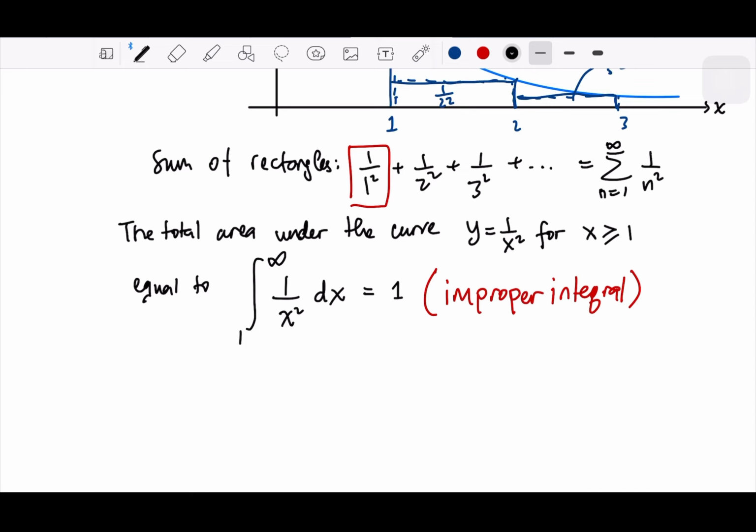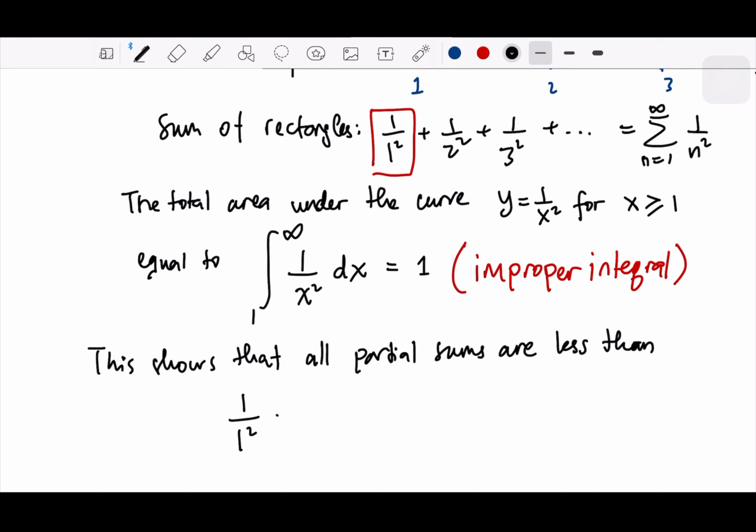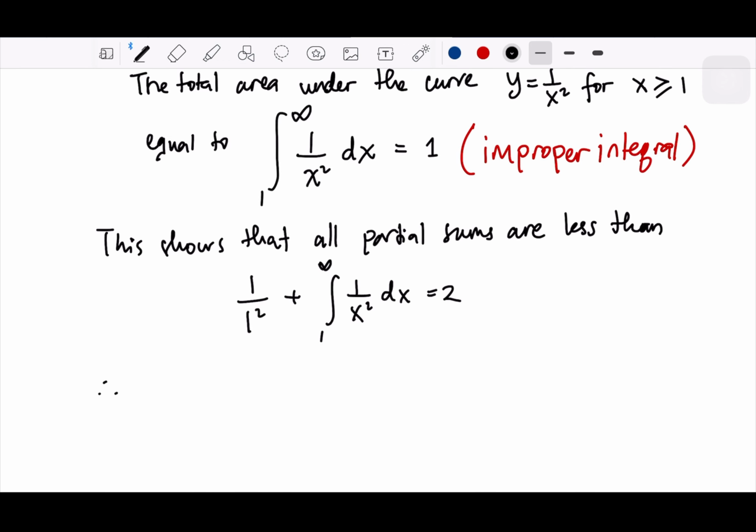So the picture, the total area under the curve, shows that all partial sums are less than 1 over 1 squared plus this, and thus the partial sums are bounded by this number, and also the partial sums are increasing because all the terms are positive.